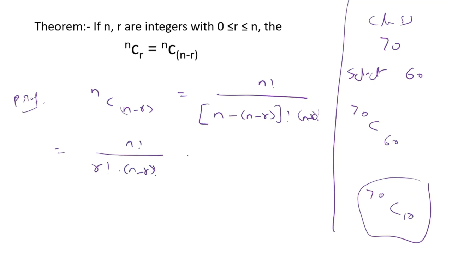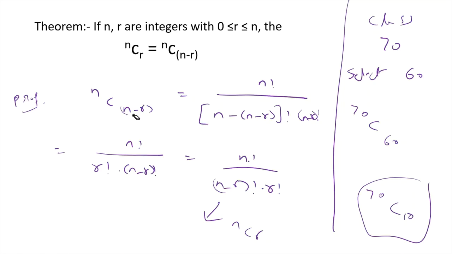This I can write as n factorial upon n minus R factorial times R factorial. So this is nothing but my NCR or n choose R. I started with n choose n minus R and ended with n choose R. Therefore n choose R is the same as n choose n minus R.